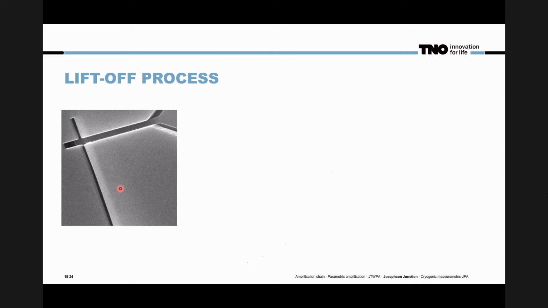SEM stands for scanning electron microscope, and it uses electrons to make an image instead of optical light. Because electrons have a smaller wavelength, we can create images with greater detail, so with a better resolution.